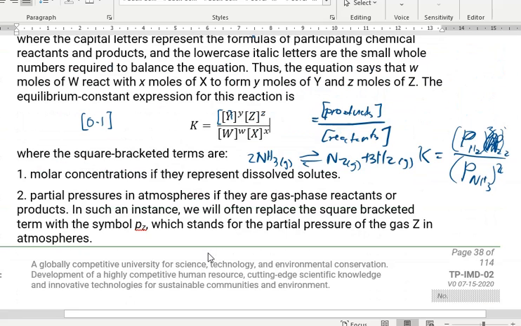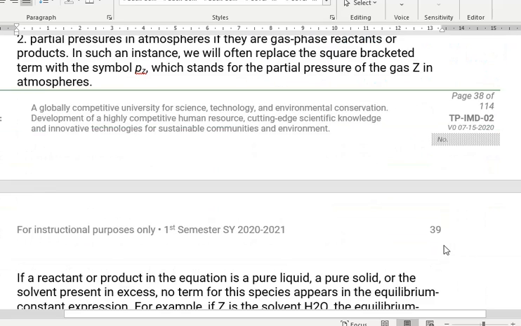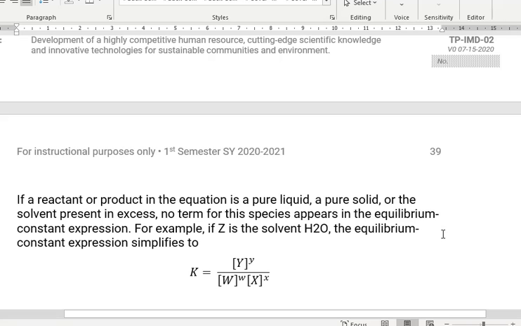Also, if your reactants or components are present in liquid or solid form, then the concentration of that will be equal to 1. So, they no longer exist in your equilibrium expression. So, for example, Z is the solvent, which is water. Water is one component.